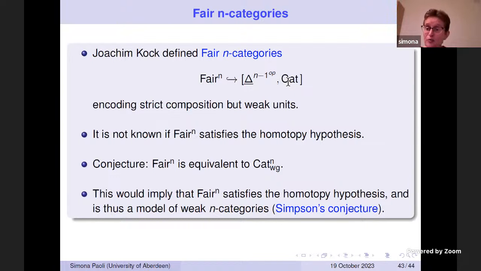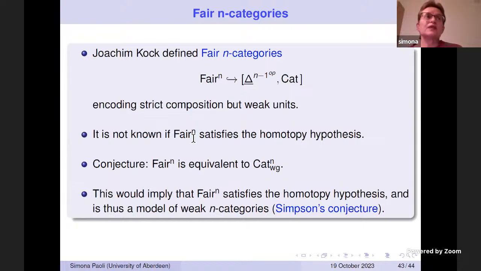However, here is the open question. There is no proof yet that in dimension greater than 2, fair n-categories are actually a model of weakened categories. So neither have they been proved to be equivalent to any other model, nor is it known if they satisfy the homotopy hypothesis.